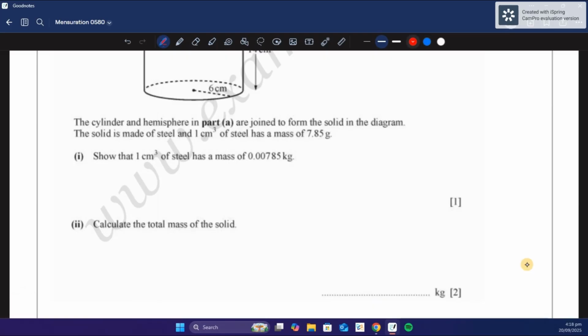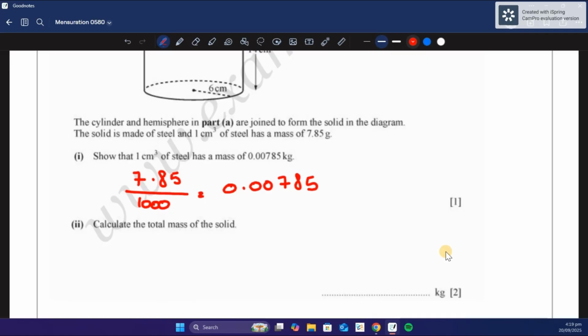What we're going to do is simply say that 7.85 grams divided by 1000, because 1 kilogram has 1000 grams. That would give us 0.00785. Pretty simple, pretty easy.